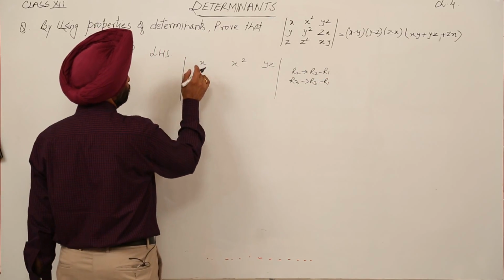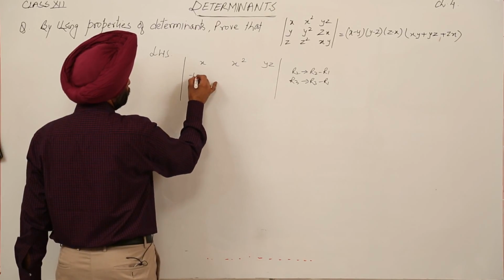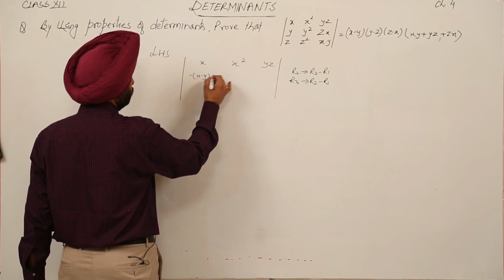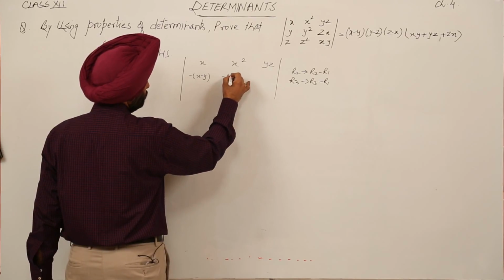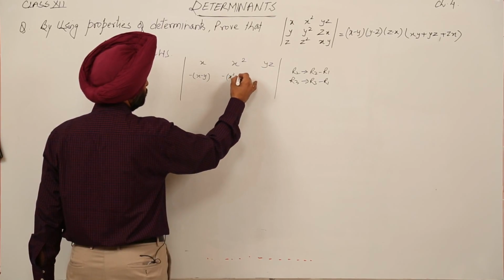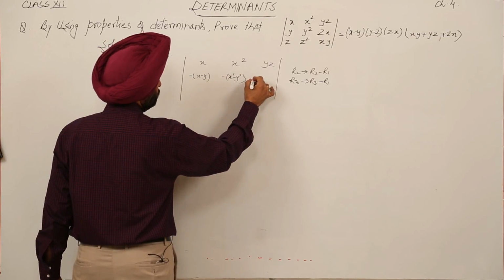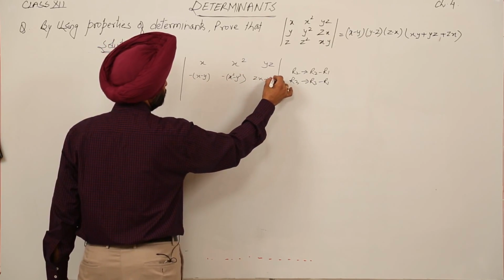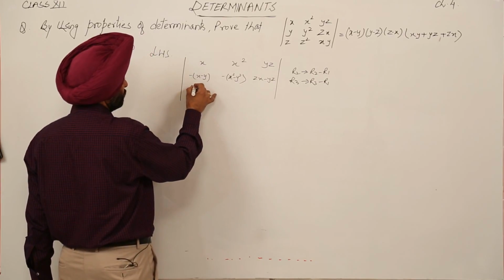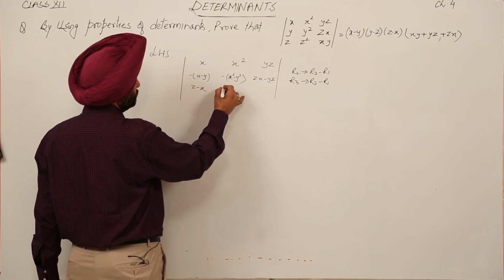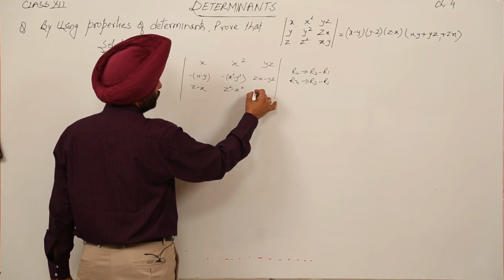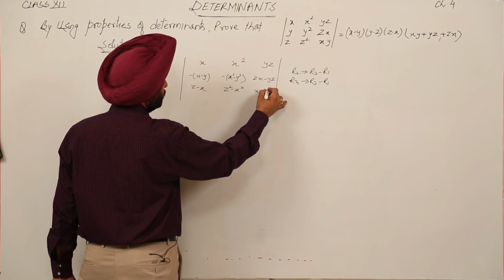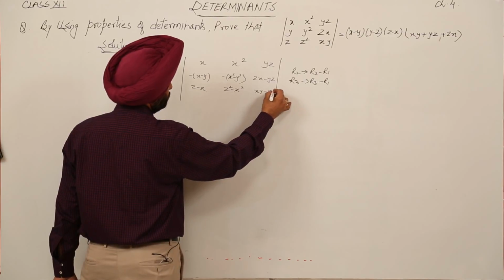Now it becomes minus of x minus y, then minus of x square minus y square and zx minus yz, then z minus x, z square minus x square and xy minus yz.